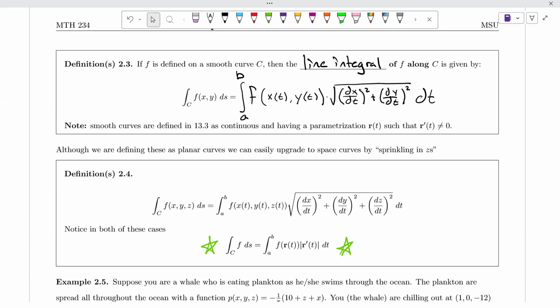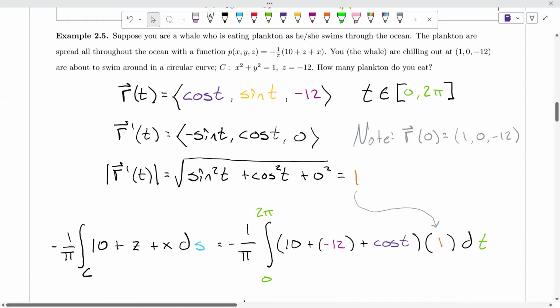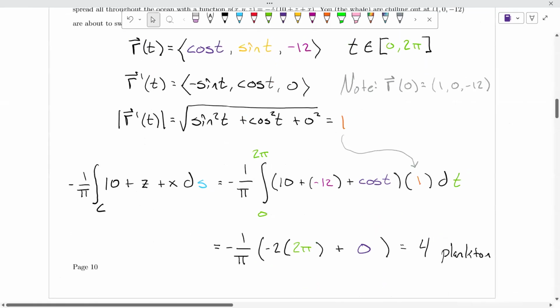So the line integral of f ds is the integral of f of r of t, where I just parameterize my curve for however many different components I might need to have. So it's just f of r times the magnitude of r prime. And that's probably the version we'll use the most.